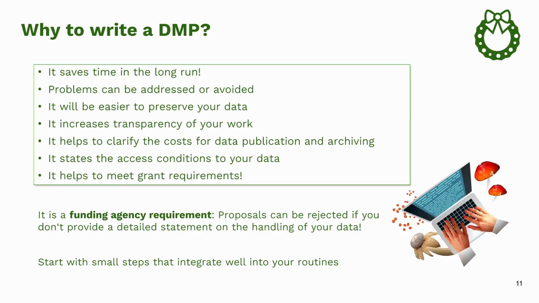In other words, they're asking for a data management plan or a similar document to provide together with the proposal. If you are not convinced with all of this, I can give you the good news that a DMP also counts as a publication of your own. So you can have that in mind.